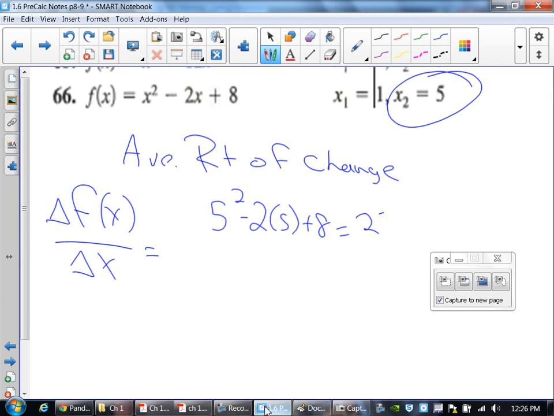So the first one is 23. Then 1 squared minus 2 times 1 plus 8. What's 1 squared? 1. What's 1 minus 2? Negative 1. What's negative 1 plus 8? 7. So our two f of x's that we're working with are 23 minus 7 over 5 minus 1.